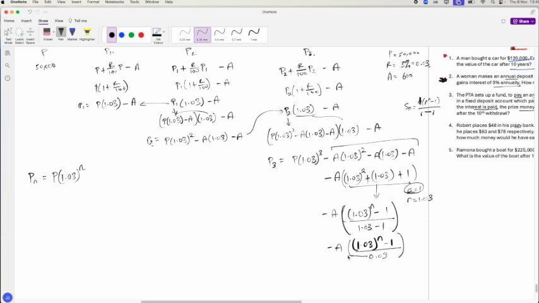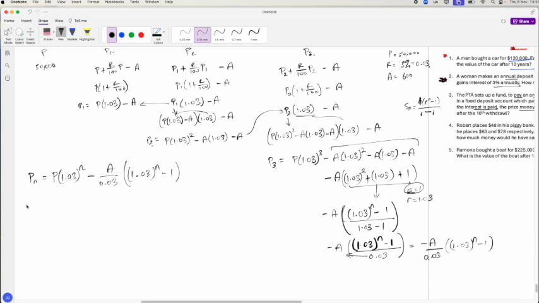We could bring the 0.03 on the outside to give us negative A over 0.03 multiplied by 1.03 to the N minus 1. And so now we have P to the N being this: minus A on 0.03 into 1.03 to the N minus 1.